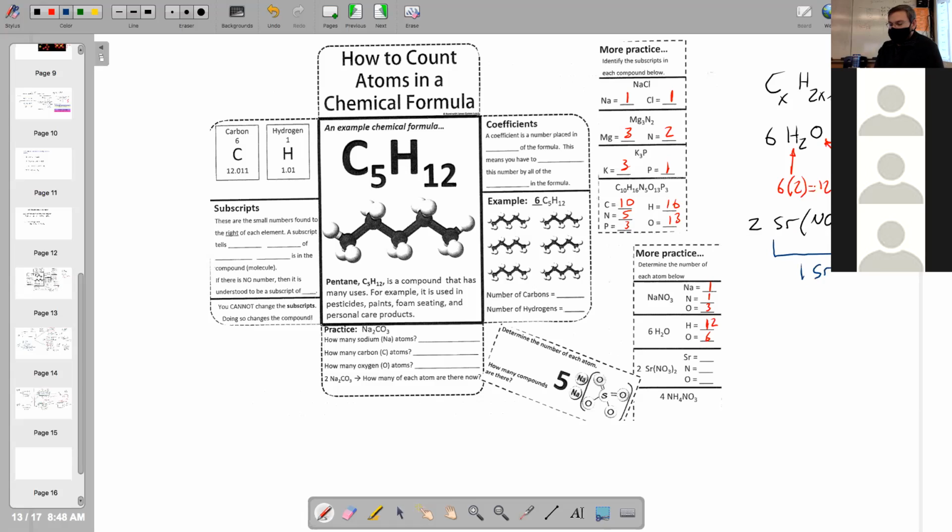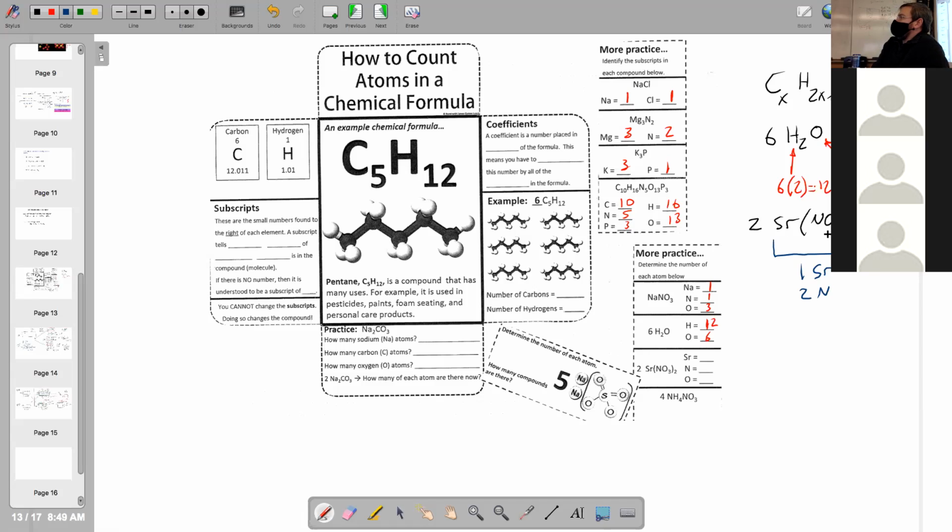Because the nitrate is inside a parenthesis with a 2 outside it, this 2 tells you that there are 2 nitrates. Every nitrate has only 1 nitrogen. So because there's 1 nitrogen inside the parenthesis but a 2 on the outside, there are 2 nitrogen atoms in just the compound itself.